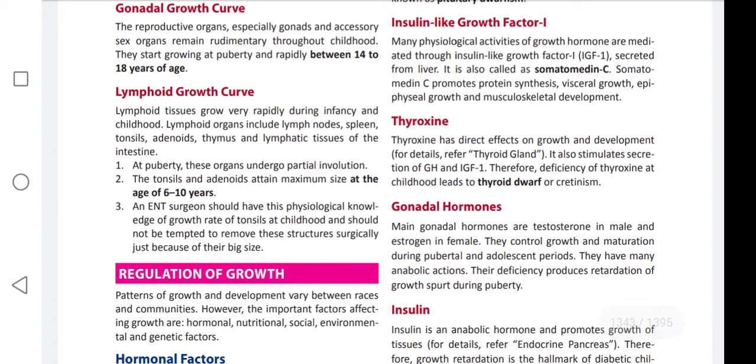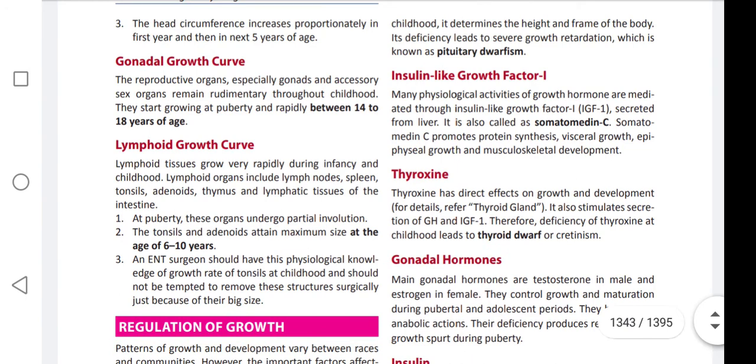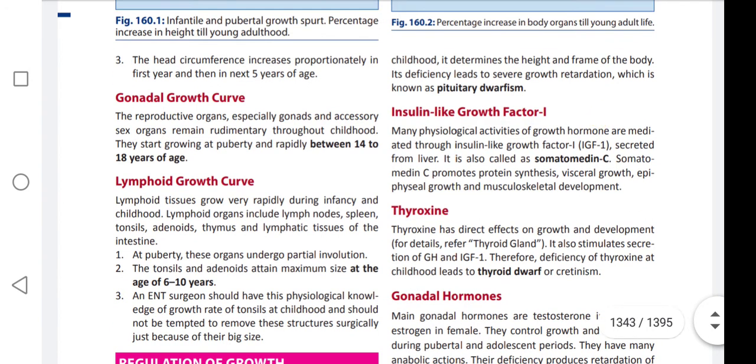At which time do tonsils and adenoids attain maximum size? At 6 to 10 years of age, tonsils and adenoids attain the maximum size.